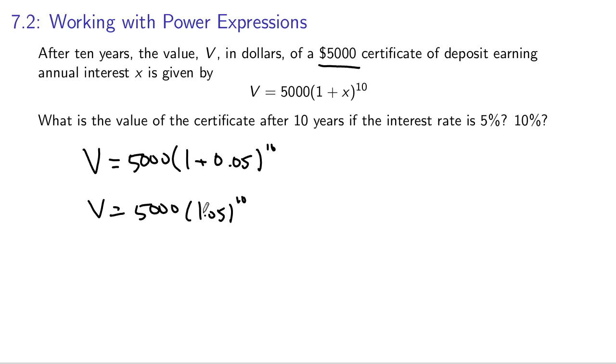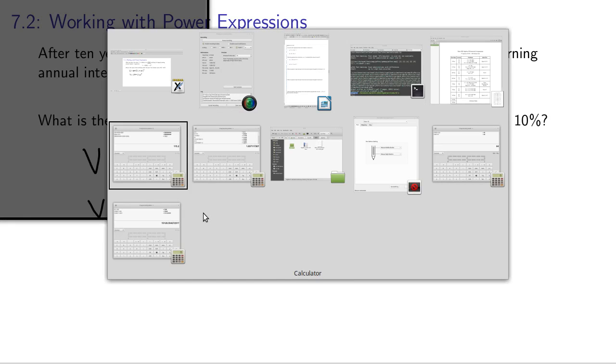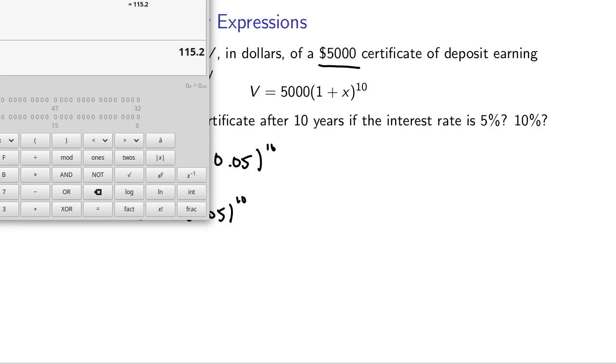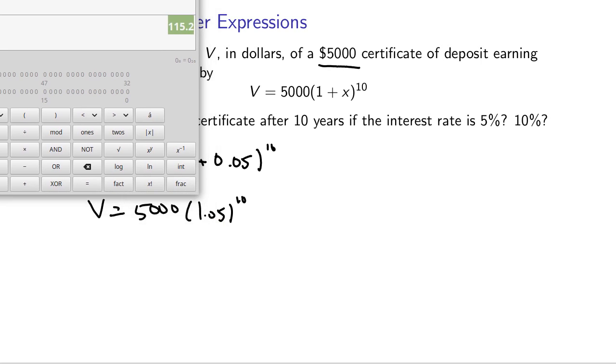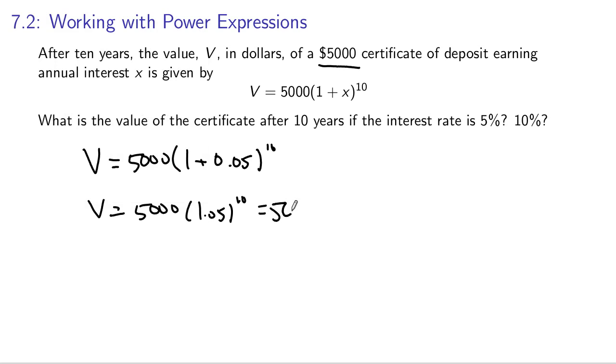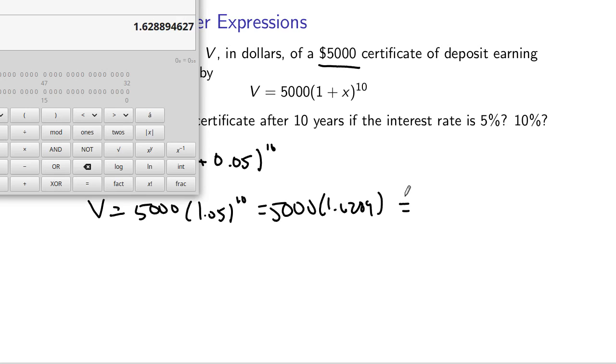It's 1.05 times itself 10 times. So using a calculator, 1.05 to the 10th is 1.6289 roughly. And then multiplying by 5,000, we get $8,144.47.